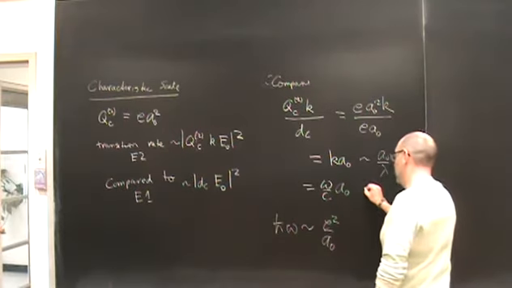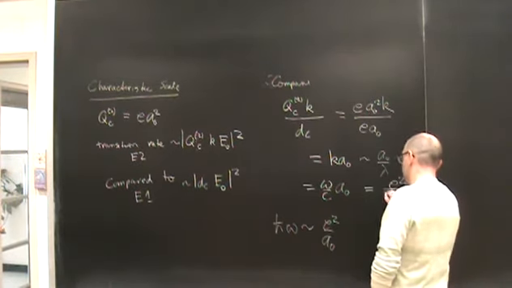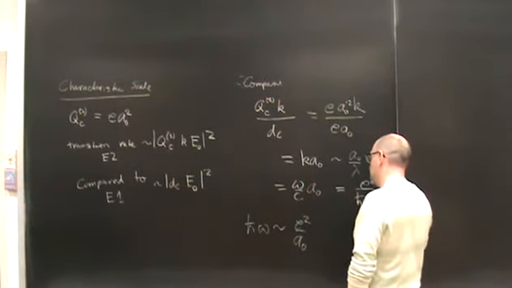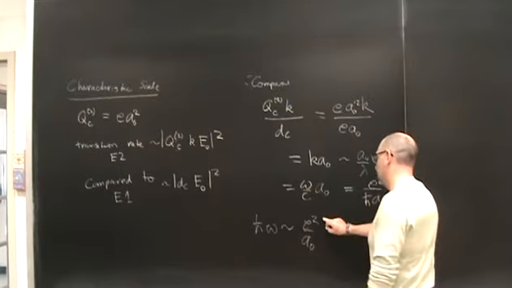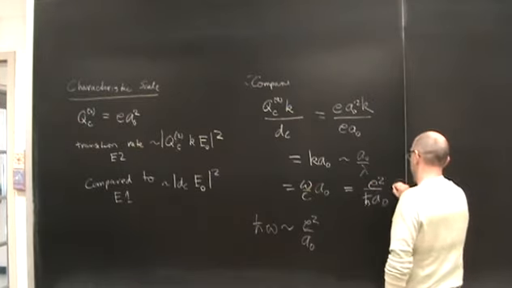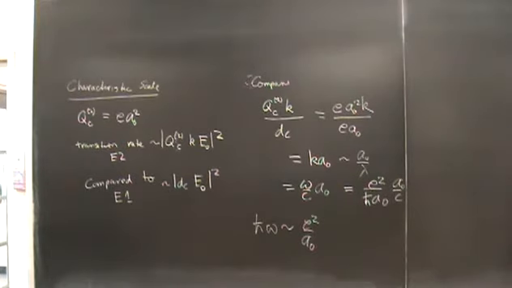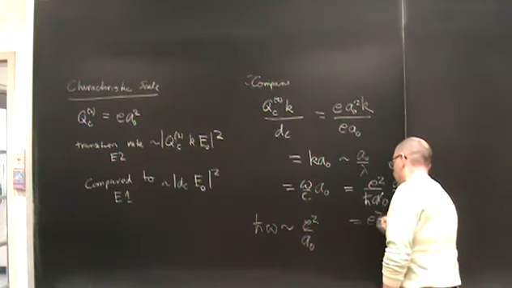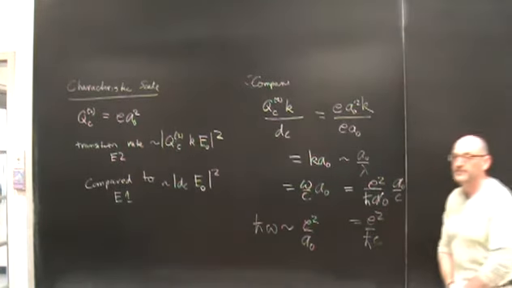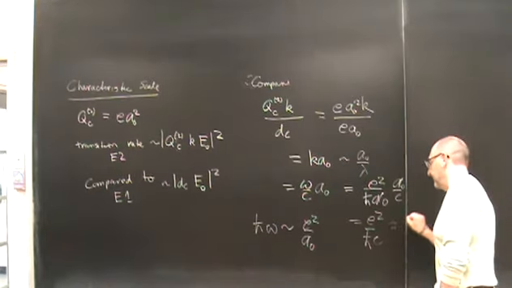So we put this back together, we have e squared over h bar a naught times a naught over c. Cancel. e squared over h bar c, which is alpha, the fine structure constant.